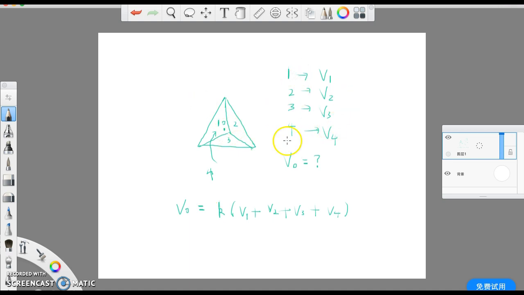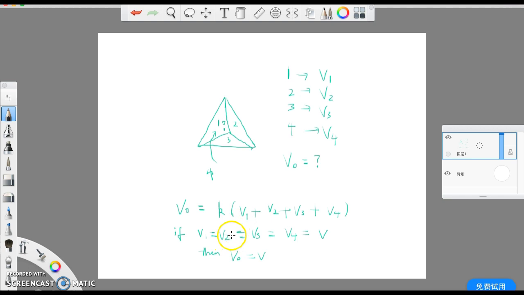Therefore, the center O must have the same potential. For example, if V1 equals V2 equals V3 equals V4 equals V, then V0 is also V, right?